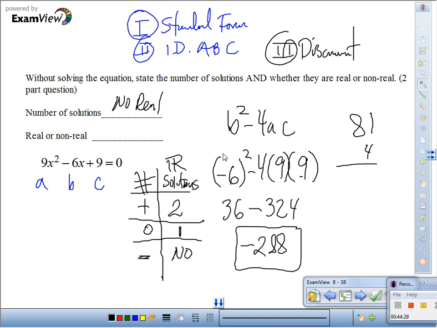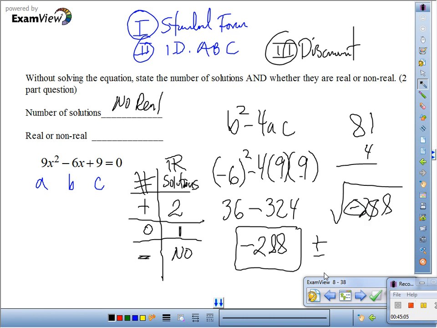So question, if they're not real, can we continue with this in order to solve this using the quadratic formula? Pay attention to this one. Using the quadratic formula, yes, we would end up with something like this, negative 288. What does that mean? That I'm going to end up with a plus minus what?